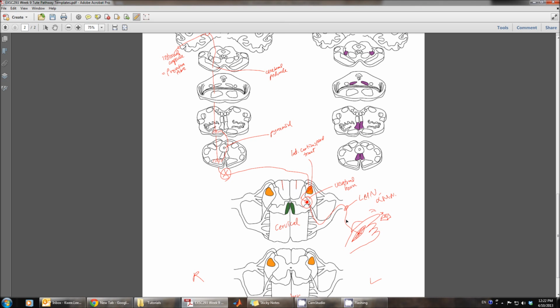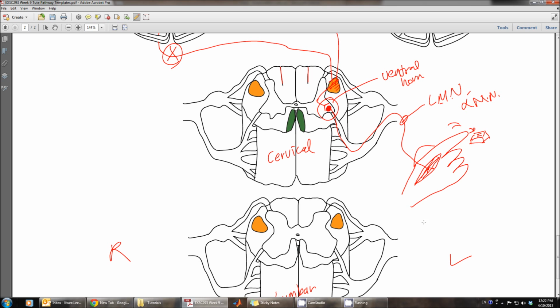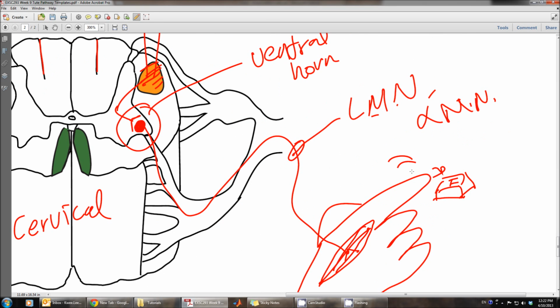The second question was feeling the little dent, which uses fine touch. So we can draw some of the receptors in the fingertip. Let's say this is an encapsulated receptor, specifically a Merkel disc, which is a slow adapting receptor.